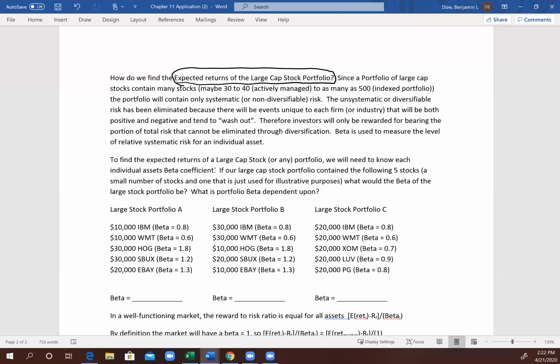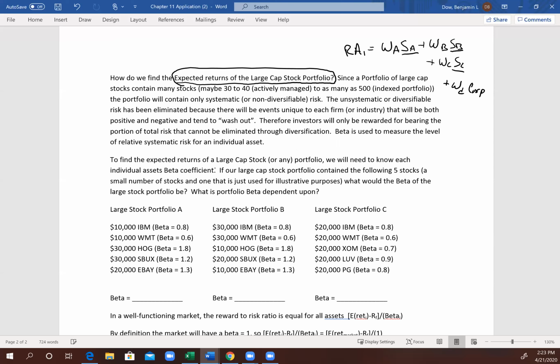So we found the expected return of RA1 as the weighted average of stocks. So it was large cap stocks, small cap stocks, international, plus the weight we had in bonds. And I think we were using corporate bonds.